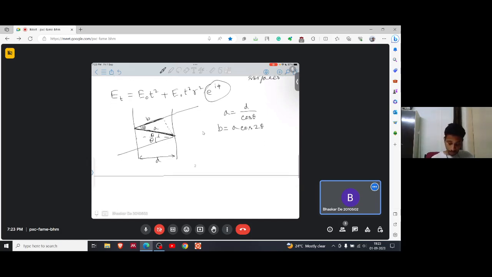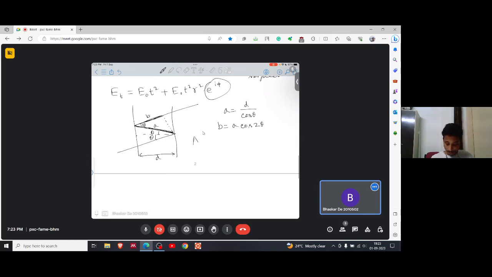So now the total additional path is A plus B, which is D by cos theta times 1 plus cos 2 theta basically.